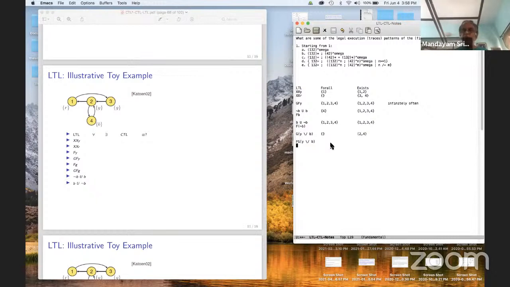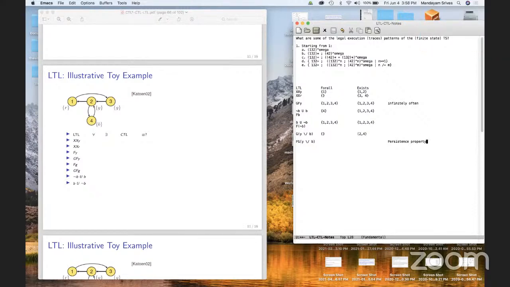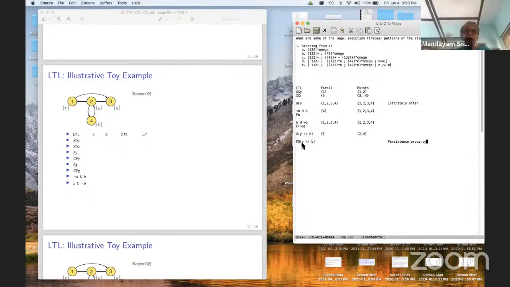G, there is a name for this, which is called persistence. Eventually forever, okay? That is what this means, the persistence property. That is eventually something persistently becomes true. So give me an example of a path.